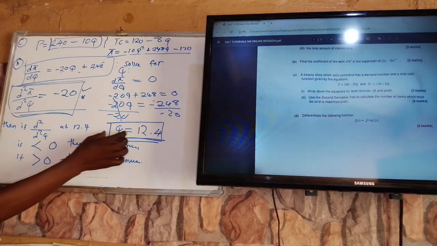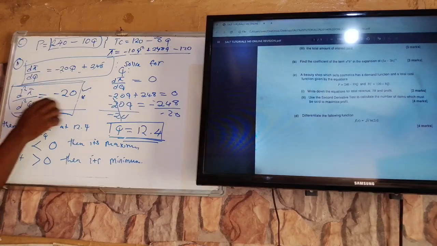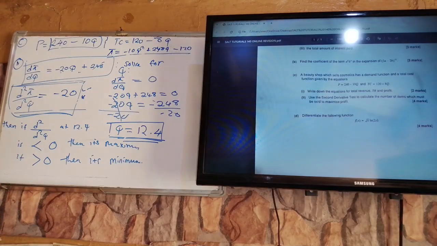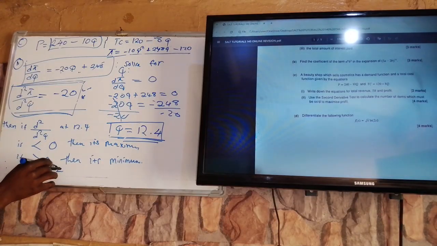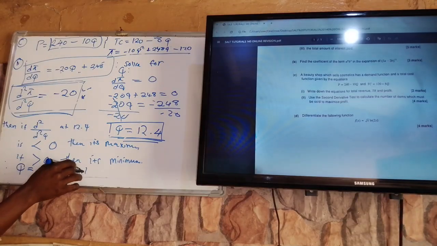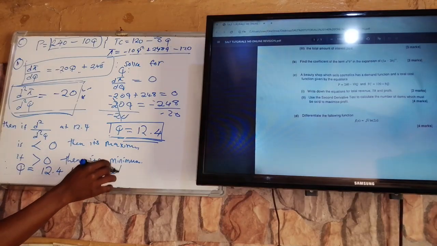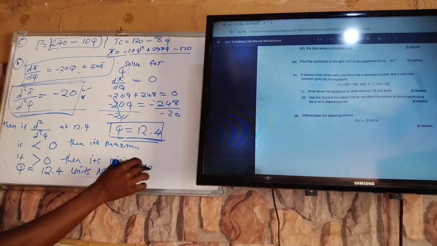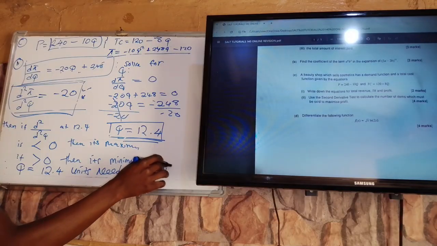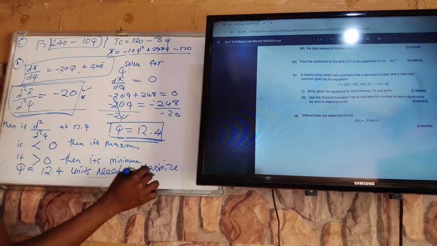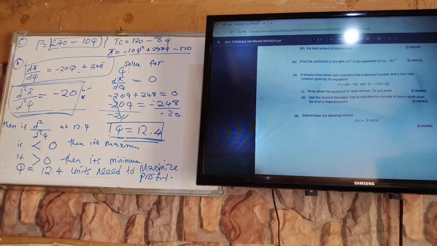So whatever q you insert here, the value will still be negative 20, and negative 20 is less than 0. Therefore, the number of items you need, q, should be 12.4 units needed to maximize profit.